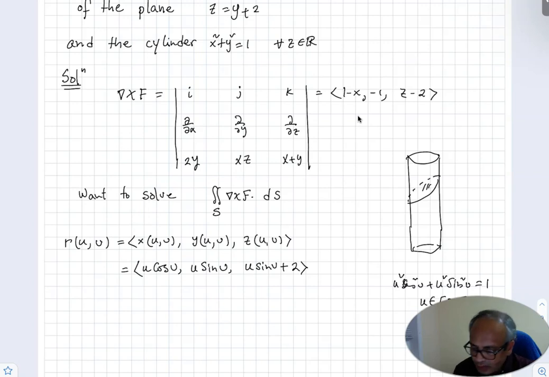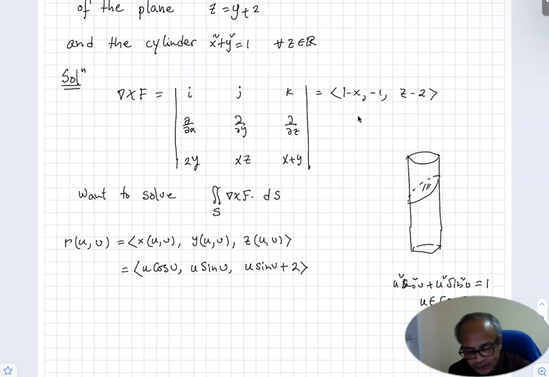Then v is like theta, going from 0 up to 2 pi, because we have the full cycle of the cylinder, and the cylinder is centered at the origin.